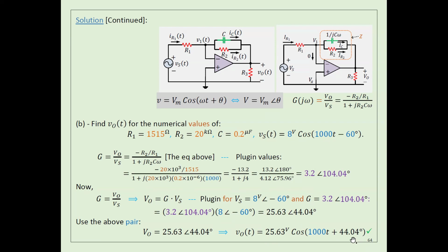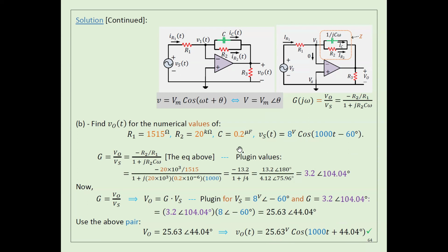So you change two things. You change the angle, because you have a capacitor. If you don't have a capacitor or an inductor, you don't change the angle. A resistor does not change the angle. Because we have a capacitor here, we change the angle and also the amplitude. The amplitude was 8, now it became 25. The angle was negative 60, now it's 44.